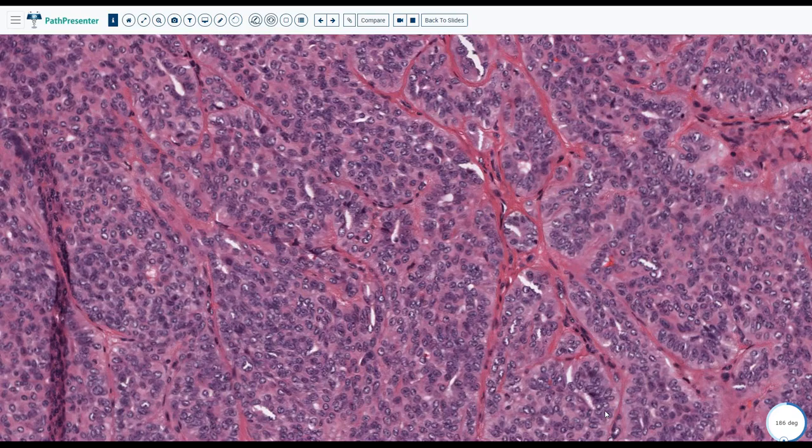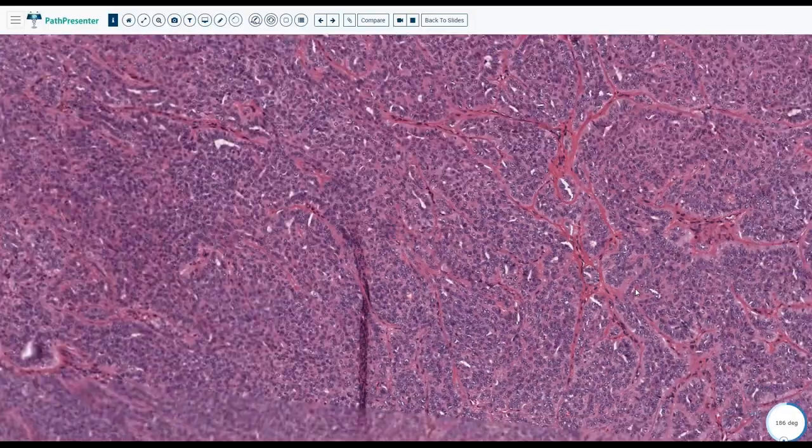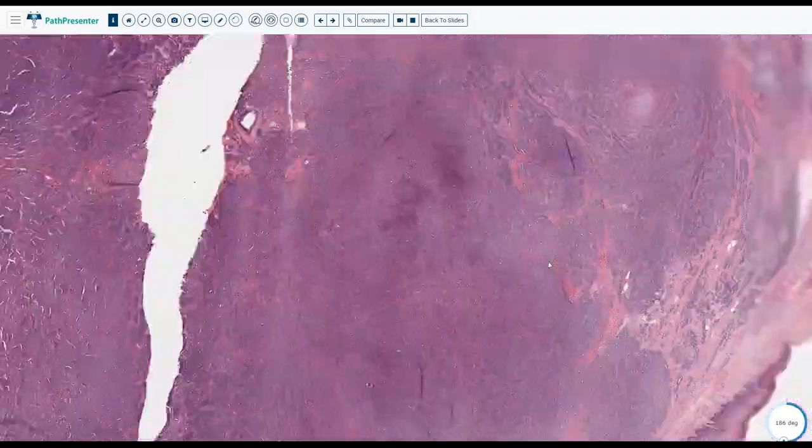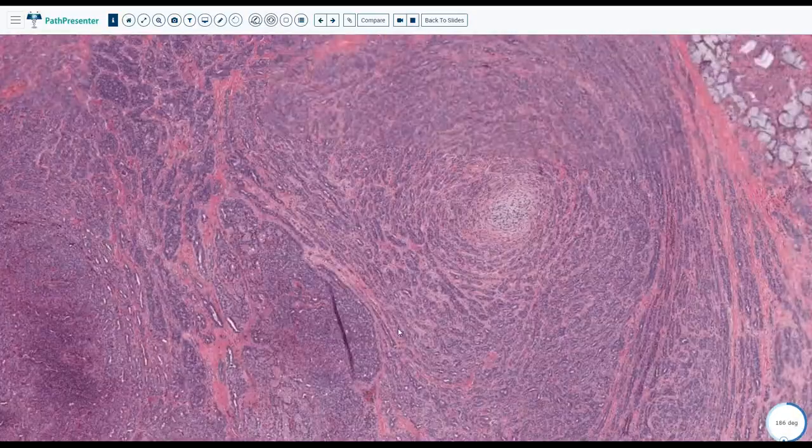The N/C ratio is not that crazy high. The striking feature is, I'm sorry, I can't get higher power than this, but the chromatin is kind of vesicular and open chromatin. There's one thing I would like to show you. It is this.